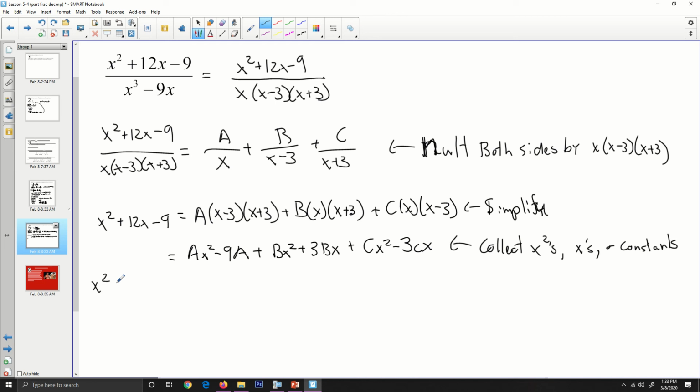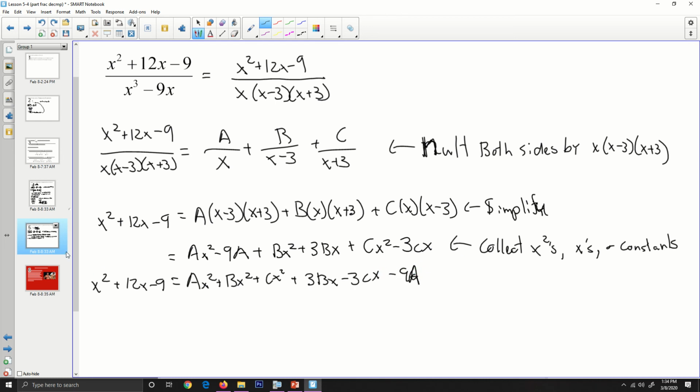So I have x squared plus 12x minus 9, and I'll have ax squared plus bx squared plus cx, and then I'll have plus 3bx, or excuse me, it'll be minus, and plus cx squared plus 3bx minus 3cx, and then my constants will be just negative 9a.